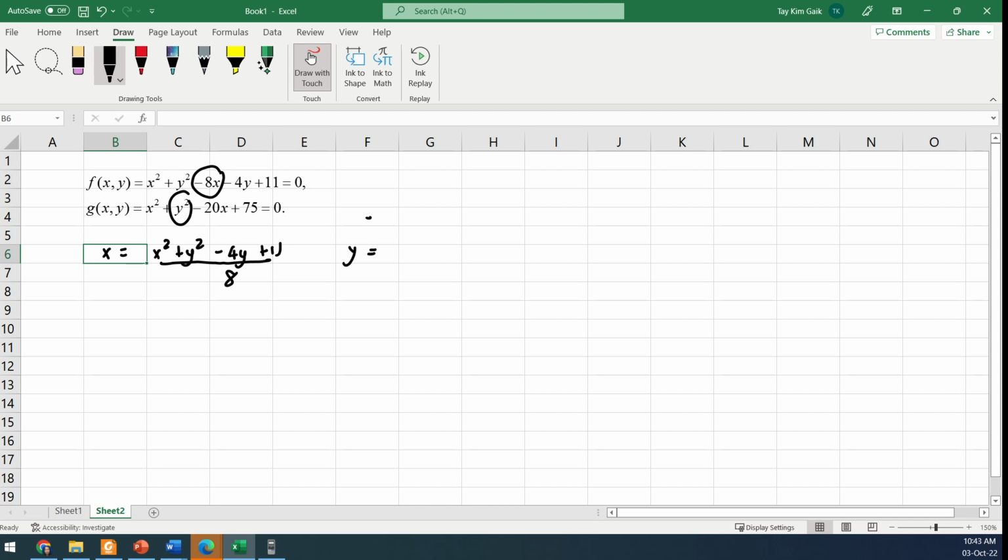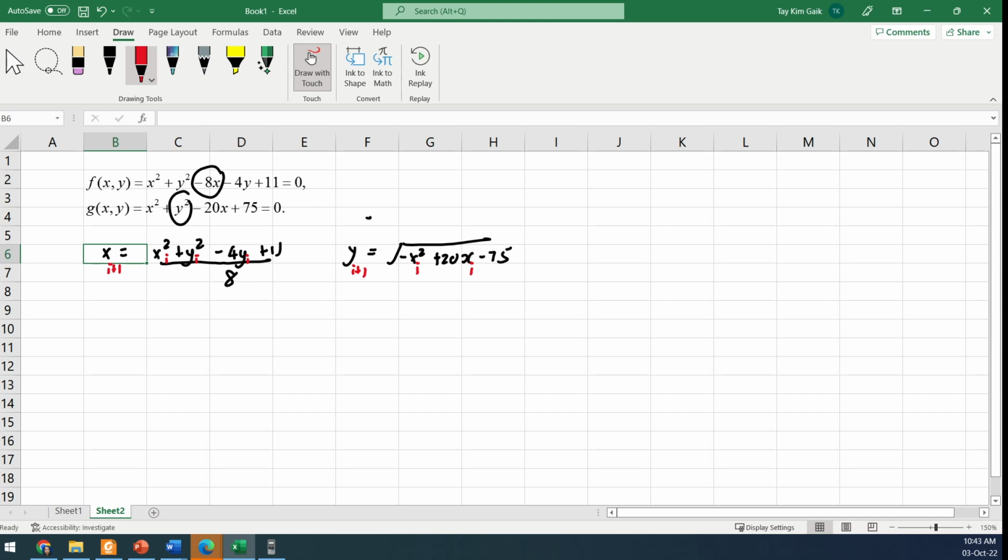Your y is the square root of negative x squared plus 20x minus 75. On the left-hand side you put i plus 1, and on the right-hand side this is xi, this is yi.